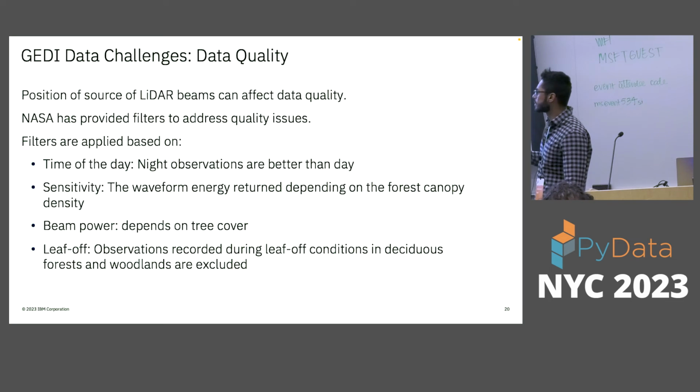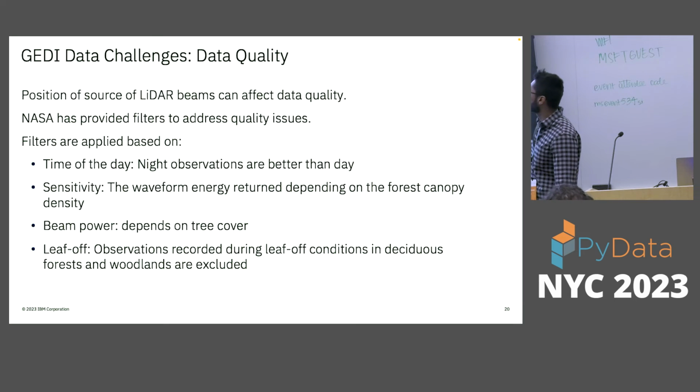I'll just mention briefly, some of them are related to time of the day. The sensor is going all the time, so it takes some observations during the day and some during the night. NASA recommends you should take only the night observations, because during the day it can get noisy data because of the sun.